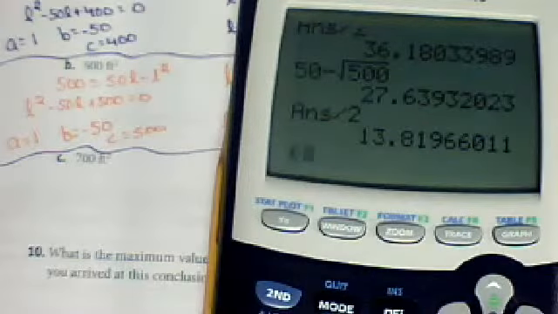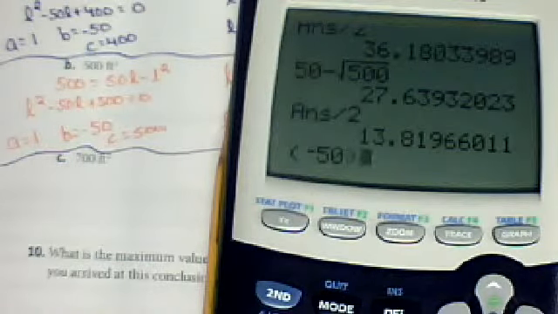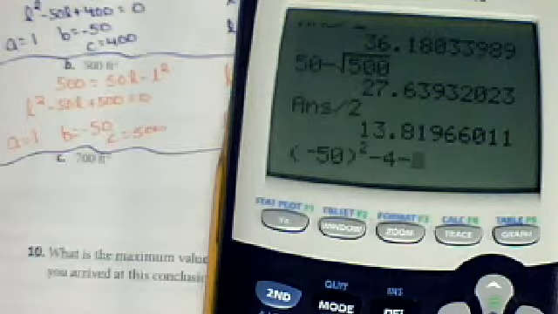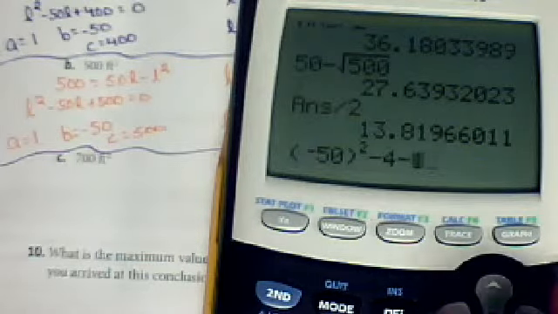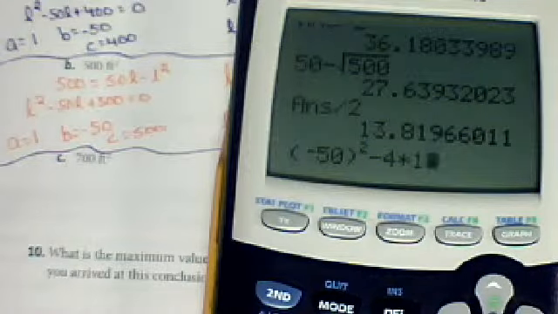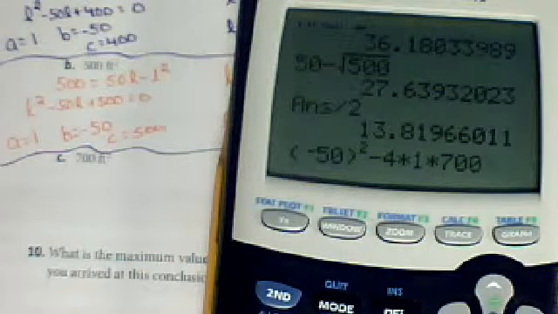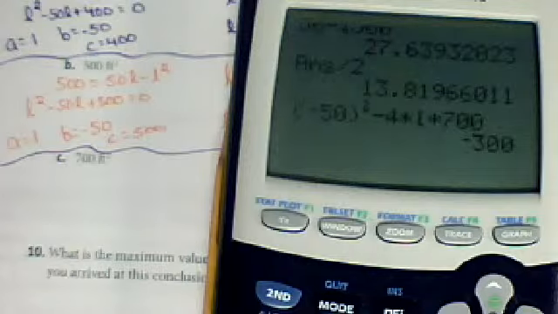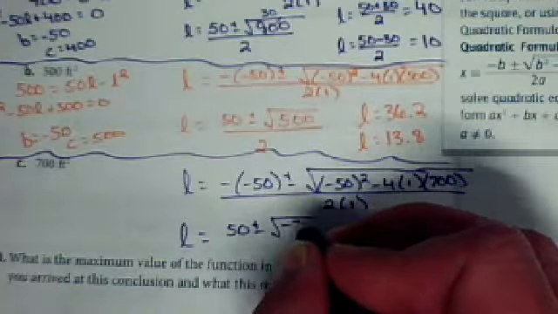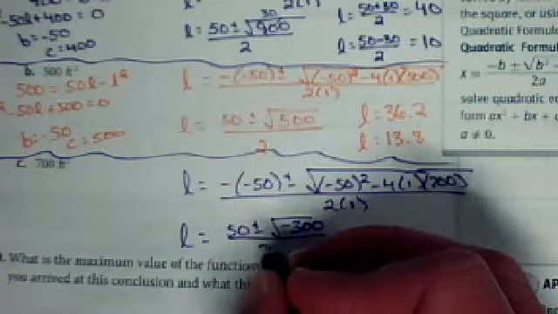And what's going to be interesting is under that radical sign, when I take the negative 50 squared minus 4 times a, whoops, that's supposed to be a times a, times, in this case, our c being a 700, I end up getting a negative under a square root. If you tried to do that with your calculator, it's going to give you an error. It is not a real number, not a real answer.